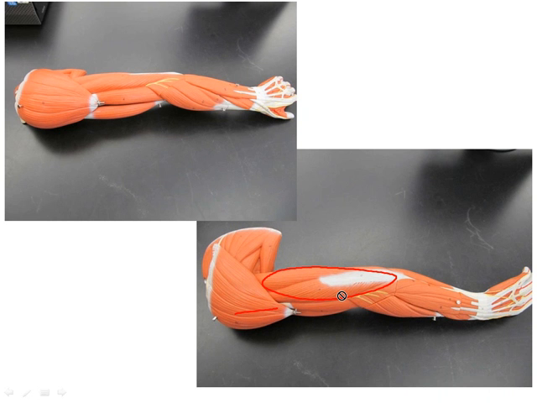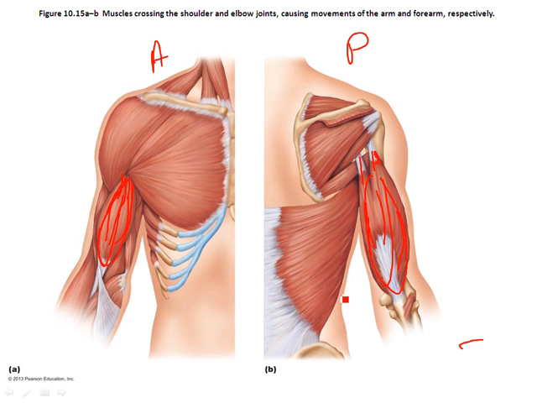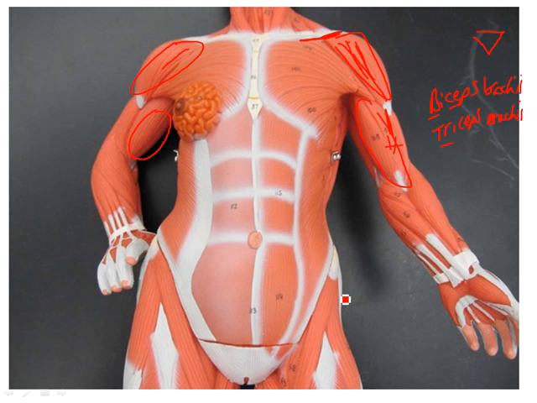Your next muscle is the brachialis, and I call the brachialis the sandwich muscle. It's named for the brachial region. It's kind of between the biceps and triceps.